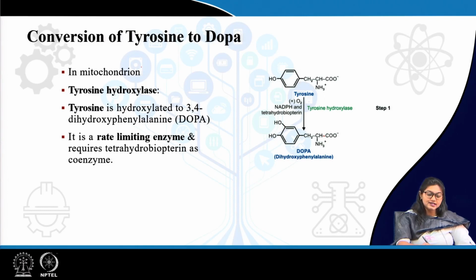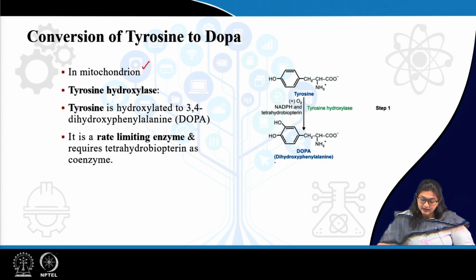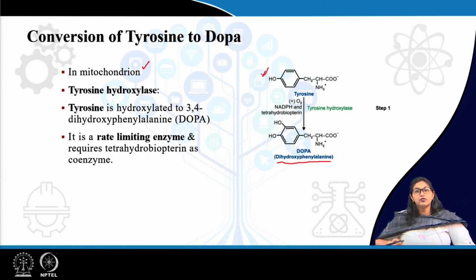This step occurs in mitochondria. Within mitochondria, tyrosine is hydroxylated to form dihydroxyphenylalanine. In tyrosine we were having the hydroxyl group at para position.